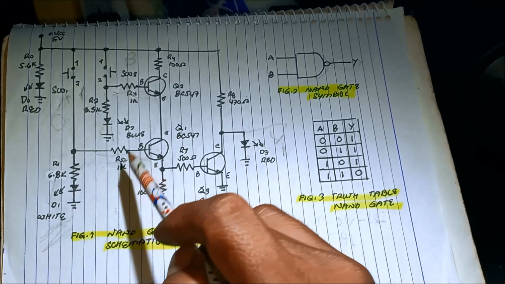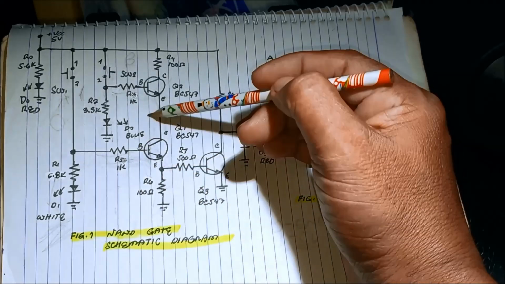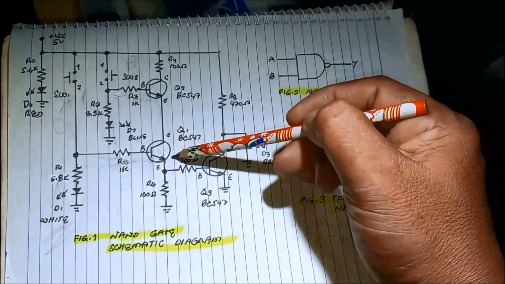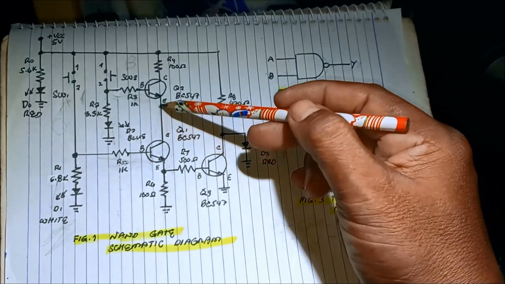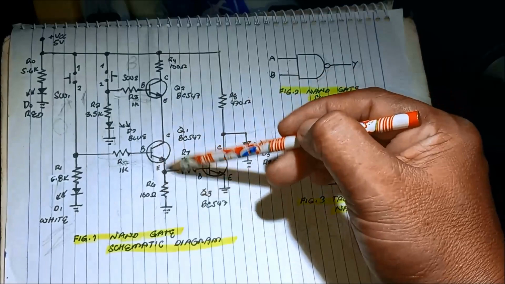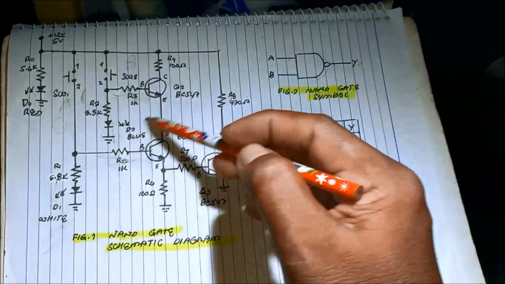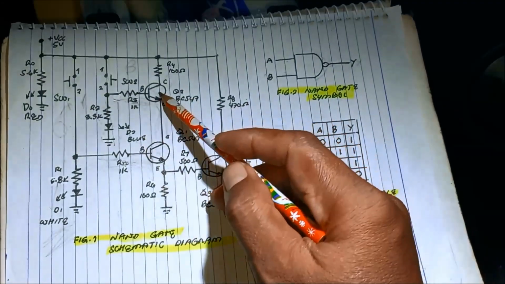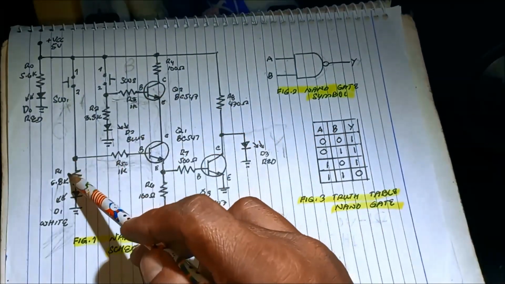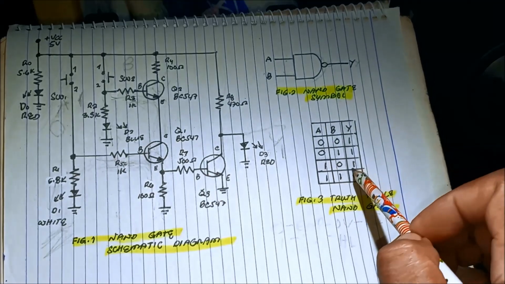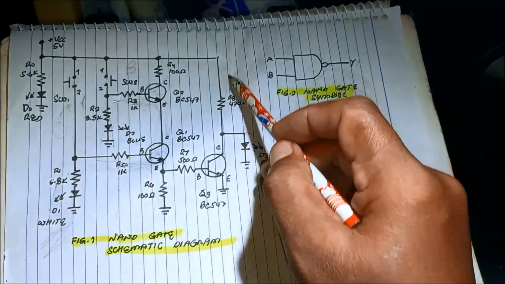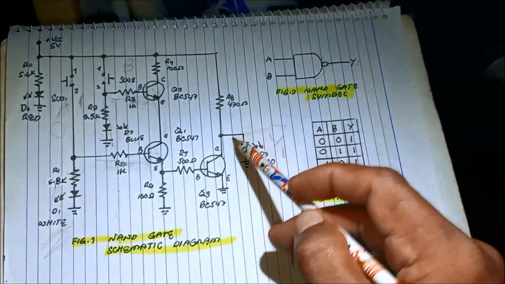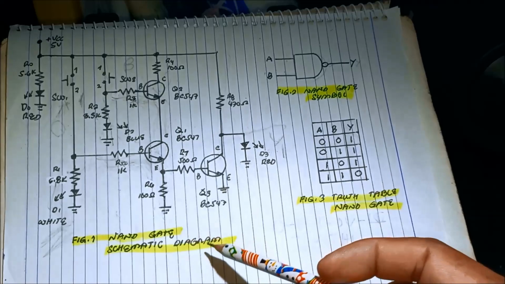It will not, because although there is a base current, transistor 2 is open. Now this is open, this is closed, still output is 1. Current flows to the 5 volts, the 470, and then to the LED.